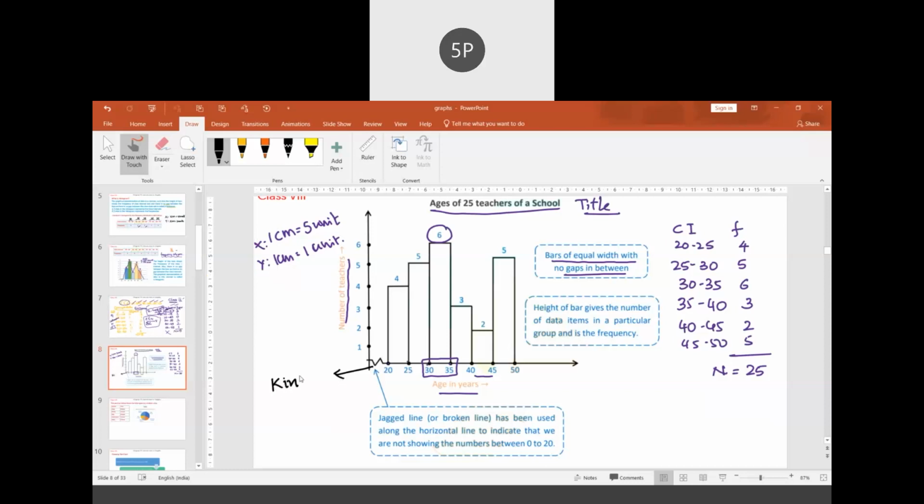This kink represents that between 0 to 20, there is no observation. Usually, whenever we plot the graph, we prefer to mention this kink. This has to be mentioned.